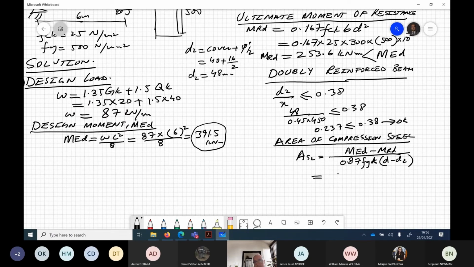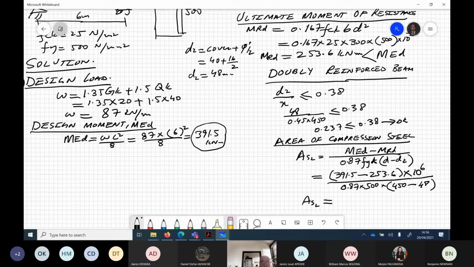MED is 391.5, take away 253.6, divided by 0.87 into FYK is 500 into D is 450 minus D2 is 48, and this has to be converted into Newton millimeter. That's why I multiplied it with 10 raised to 6. I'm getting 785.7, so 786.